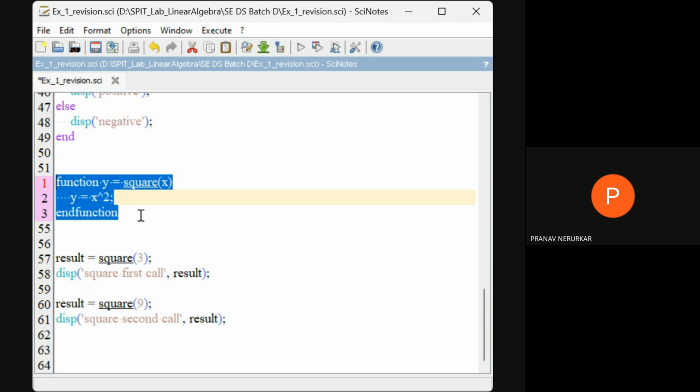Scilab provides certain solvers, certain iterative functions which will iterate and find out from the starting point where is the minimum or maximum value of the function. Usually we will be interested in minimizing or minimum values.